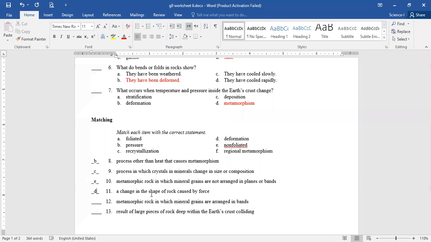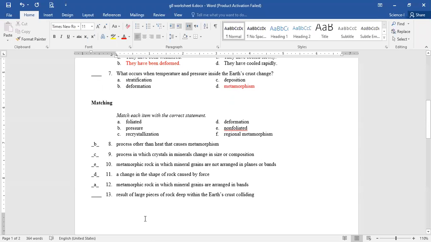Jana Tamer? F. Sorry, it will be A. A, good. Foliated.